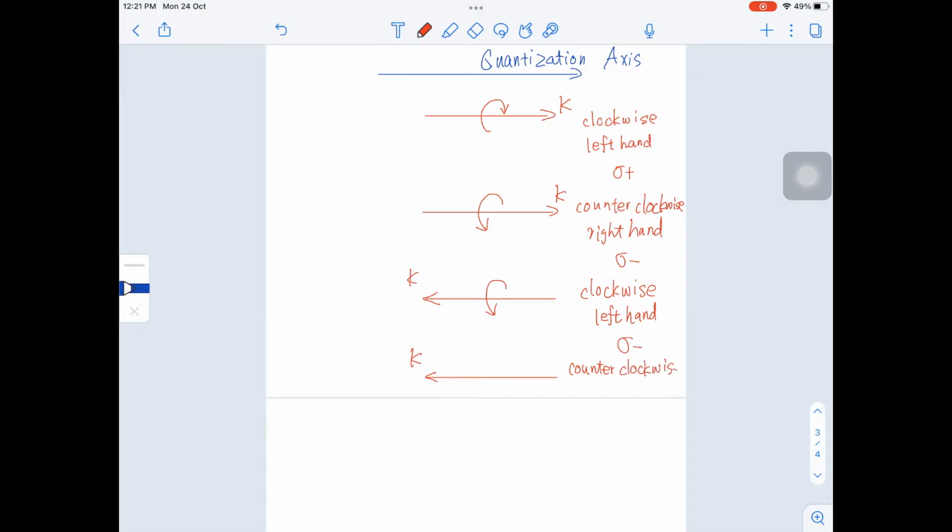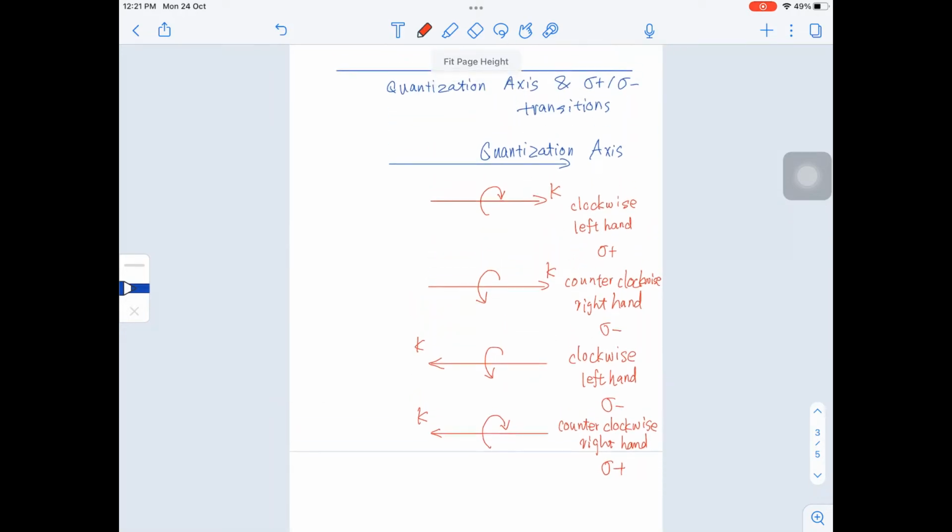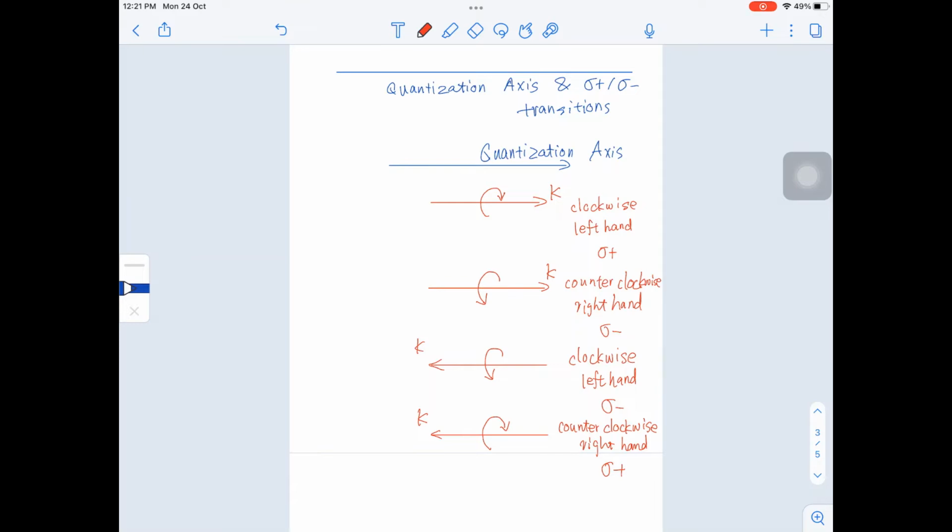Right hand, sigma minus, sigma plus, sorry. Let me draw it correctly. Now, this table is very valuable.